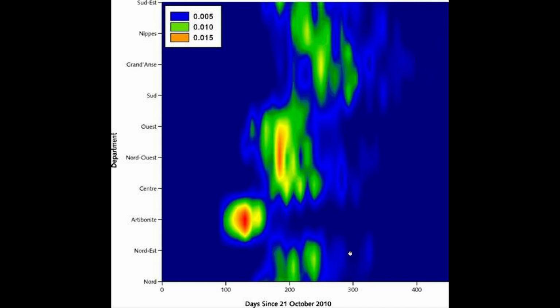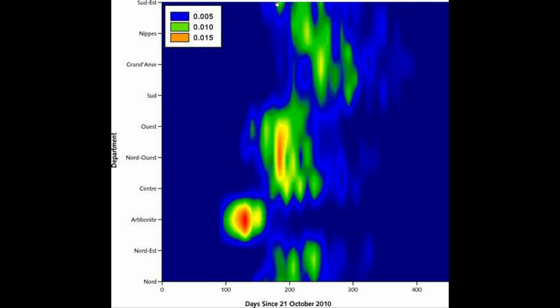And this is from their paper, they do a lot of numerical simulations. I think this is the result of 1,000 simulations. They look at the date, and these are the locations, the different departments in Haiti.